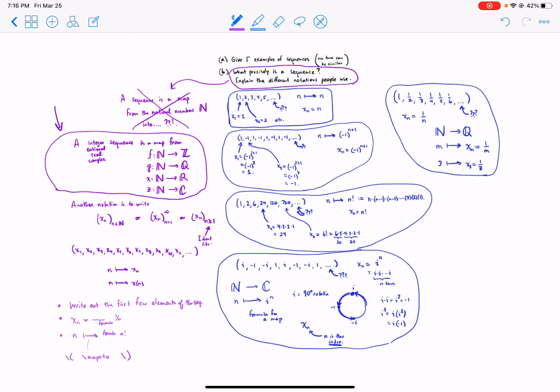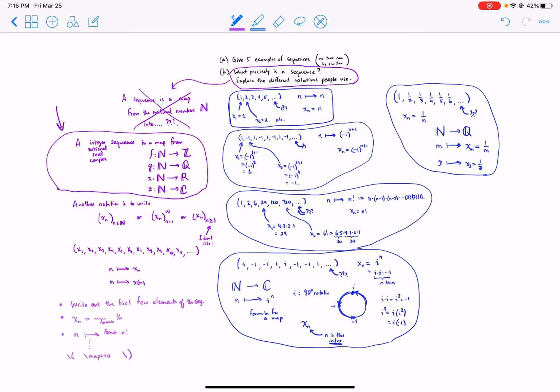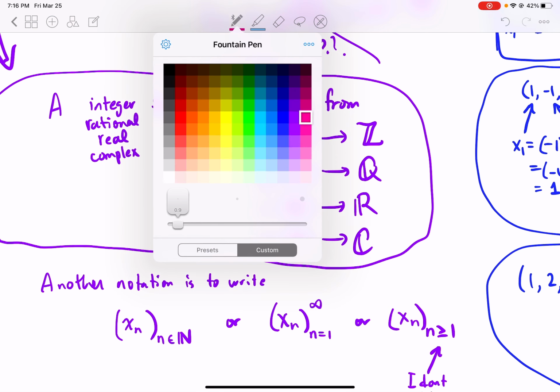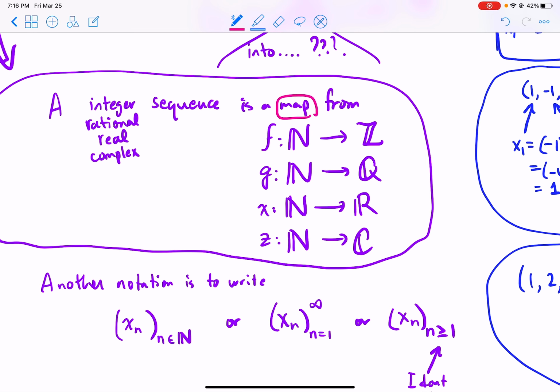Okay, those are sequences. I guess that's all I want to say. They are maps. A sequence is a map. Map is another word for function.